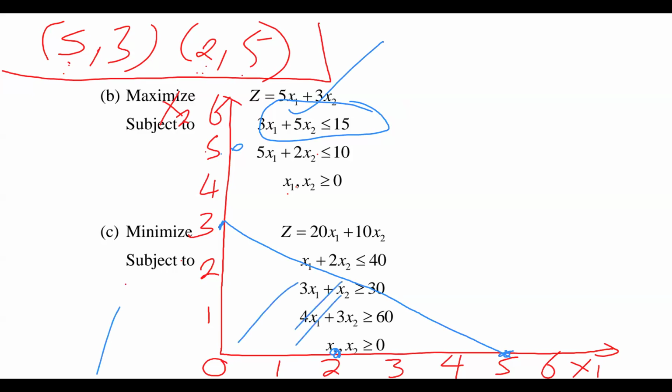How do you know that they want the lesser side? Because here it's 3 plus 5 is less than or equal to 15. Like the question says, the defined region is on the lesser side. You look at this symbol, it's less, which means the wanted region is on the lesser side of this line.